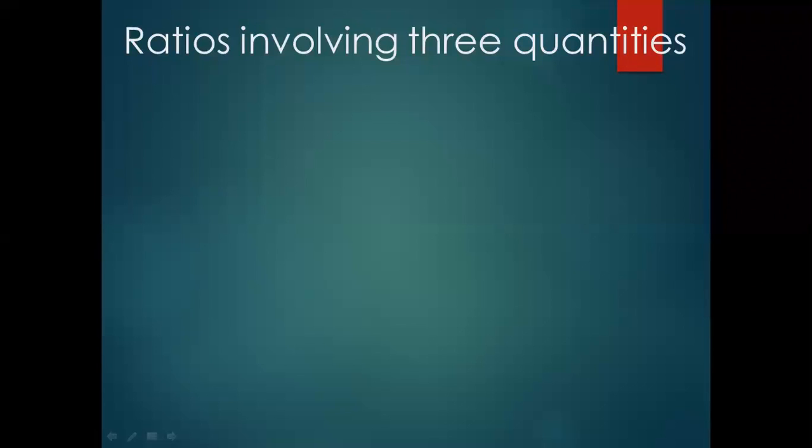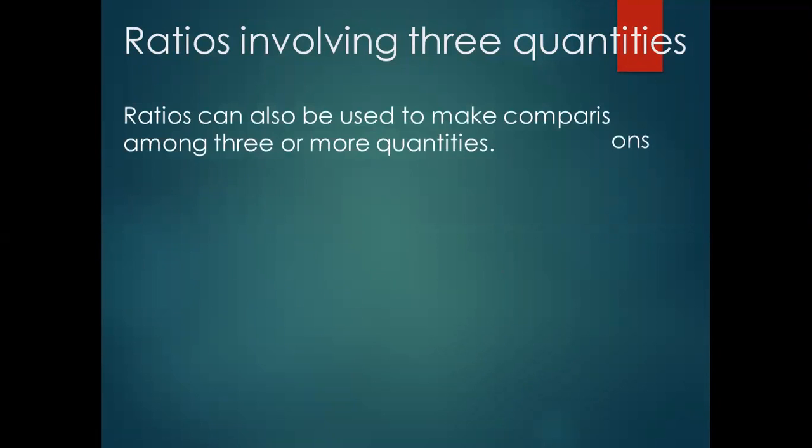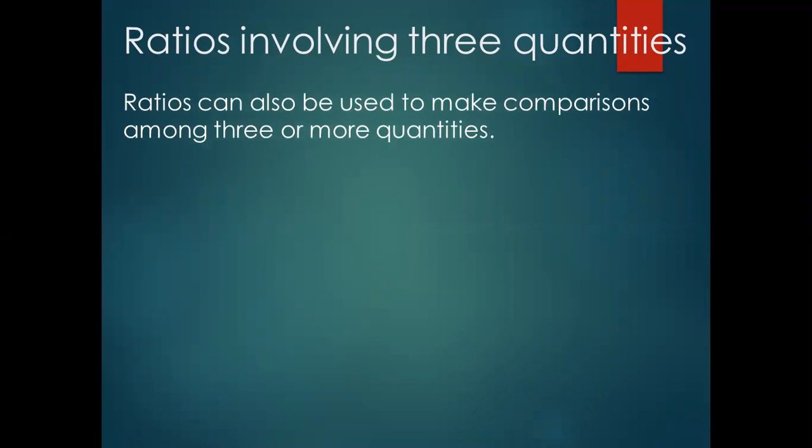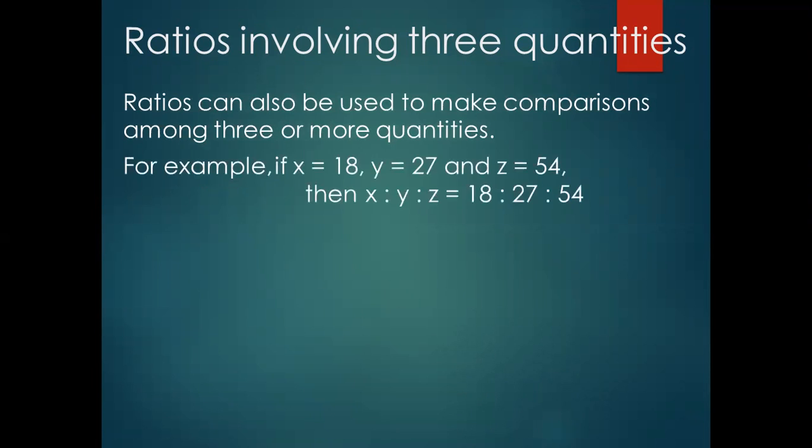Now students, let's discuss ratio involving 3 quantities. Ratios can also be used to make comparisons among 3 or more quantities. For example, here we have given the quantities in the form of x, y, and z. Here x is equal to 18, y is equal to 27, and z is equal to 54. If we are interested in finding the ratio among x, y, and z, then this will be equal to 18 colon 27 colon 54.